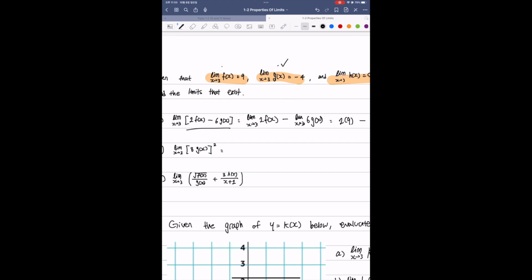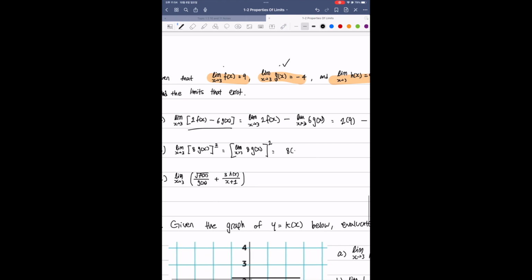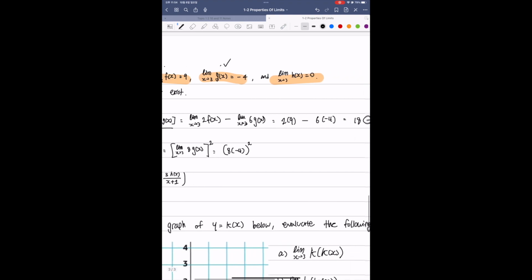By the power property, since we can see the 2 up here, this equals the limit of 8 times g(x) with the whole bracket to the power of 2, which is also 8 times -4, and then it is squared, which equals 32 squared.